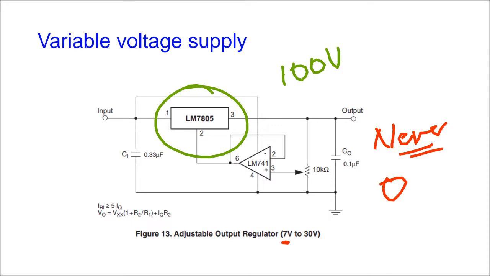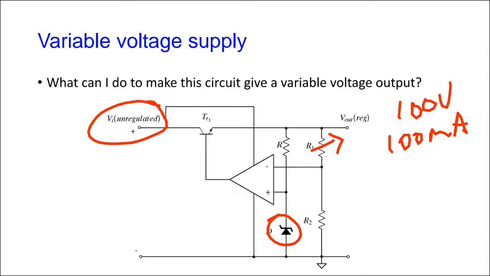If you need that kind of thing, you have to design it from scratch, and you now know how to do that, right? Whatever value you pick for the Zener diode, these two resistors plus the value of the Zener diode and the gain of the op-amp will give you this. You design for the 100 volts.